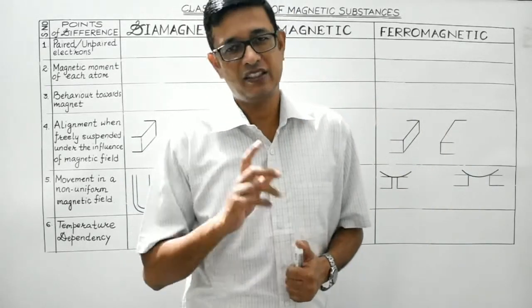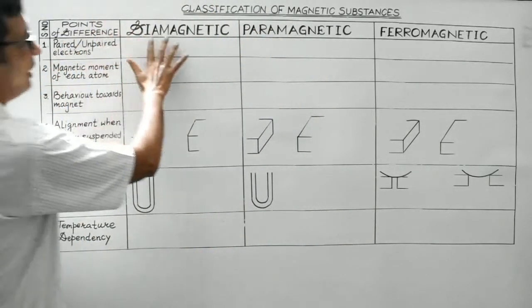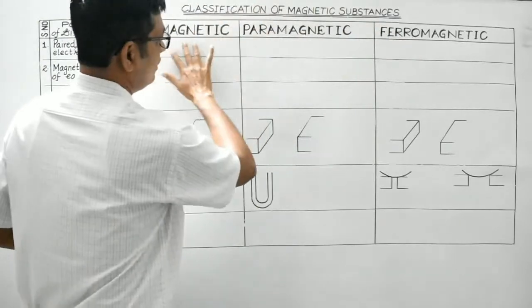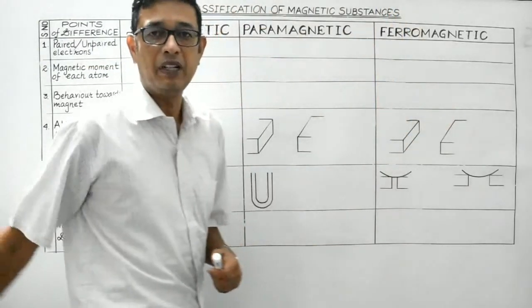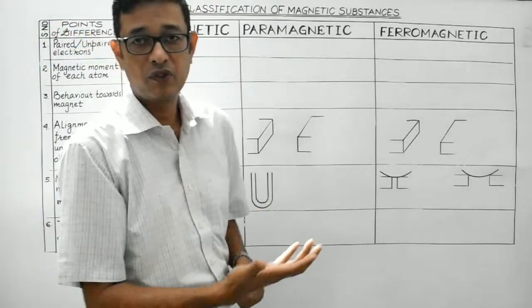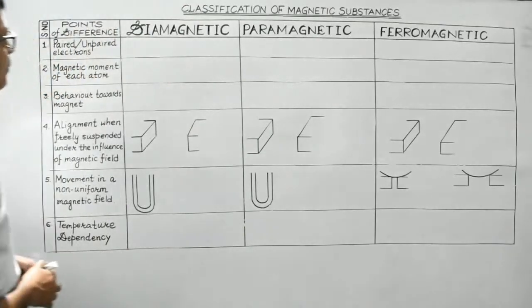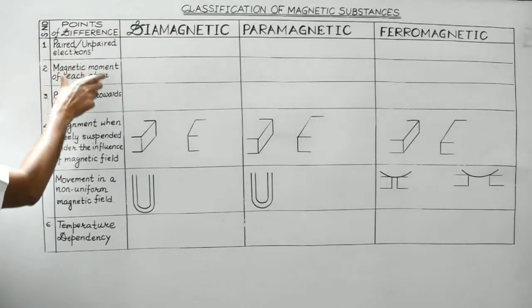Right? So, let's start this topic. So, we will be bringing out the basic essential difference between these 3 types of magnetic materials. And these are the points through which we will differentiate them. So, these are the points of difference.